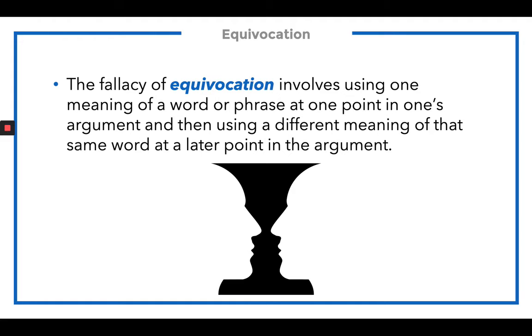I've included this image because it's ambiguous what it is. Is it two faces? Is it a vase? There's maybe, in some sense, no right answer to that question. In equivocation, the arguer uses a term one way in one premise and a different way in the conclusion.